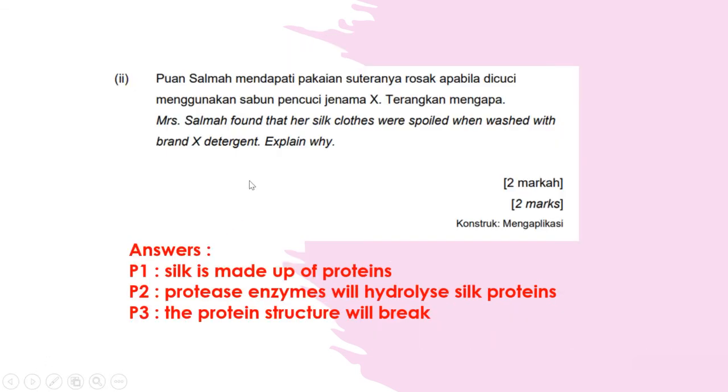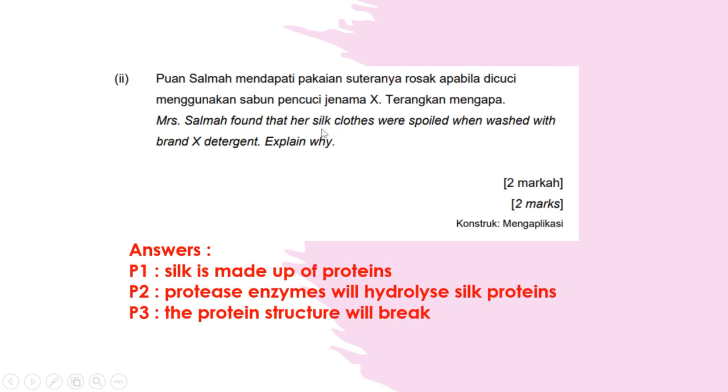Okay, next we go to question b2. Mrs. Salma found that her silk clothes were spoiled when washed with brand X detergent. Explain why. All right, so silk clothes. You have to know that silk is made up of protein.